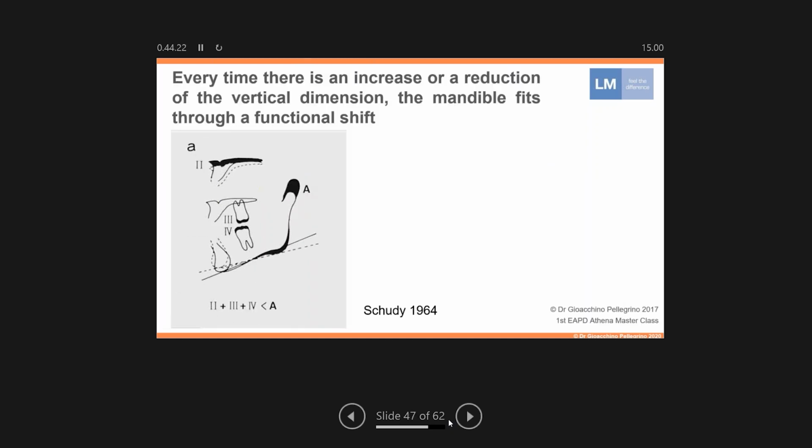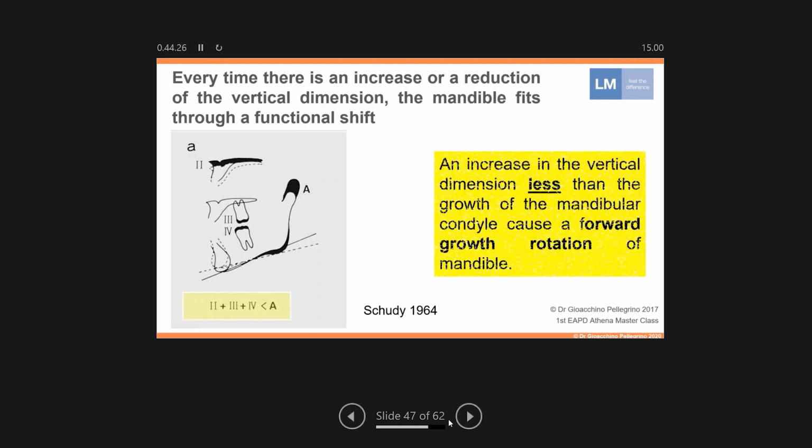This has a very important consequence in the clinic, because when there is a reduced increase in the vertical dimension in the anterior sector compared with the condyle growth, the mandible will have an anti-rotation, as the blue arrow shows, so that the vertical dimension of the mouth, the distance between the upper maxilla and the mandible, will reduce, and the face will grow like a short face, like a deep bite face.